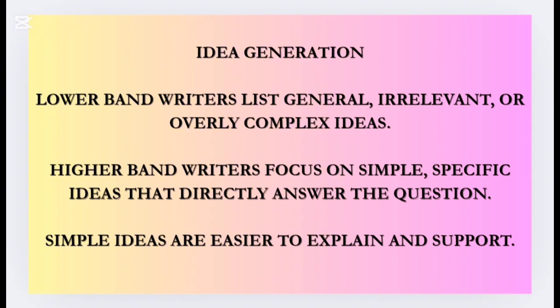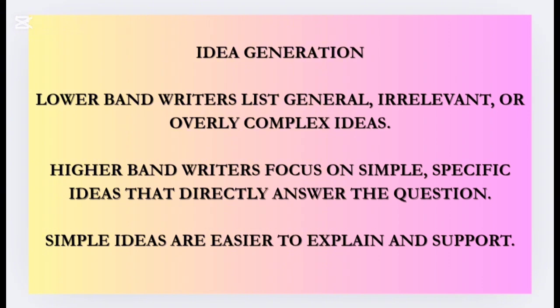Band 7 to 9 students, on the other hand, generate simple, relevant ideas that directly answer the question. These are easier to plan and write about, and they make the reader's job easier. Remember, IELTS is a communication test. Your goal is to clearly communicate ideas to the reader.